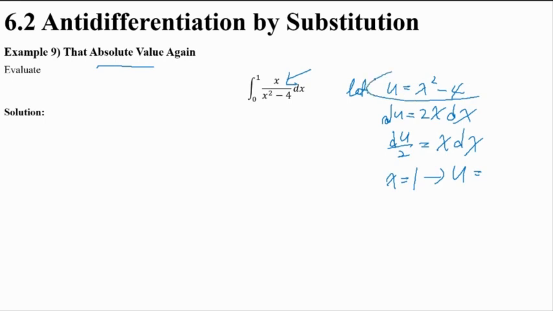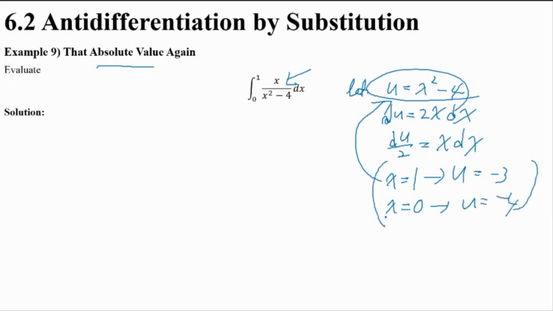Plug in here, this value, so negative 3. How about when x is 0? u will be negative 4. Right? Now we just plug in. So upper boundary 1 goes to negative 3, lower boundary 0 goes to negative 4.